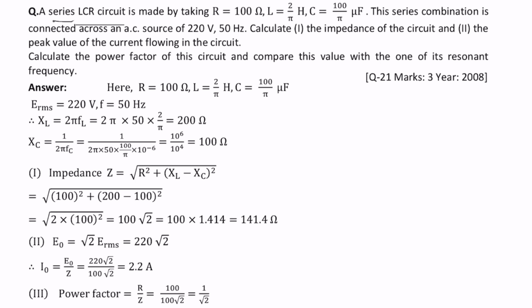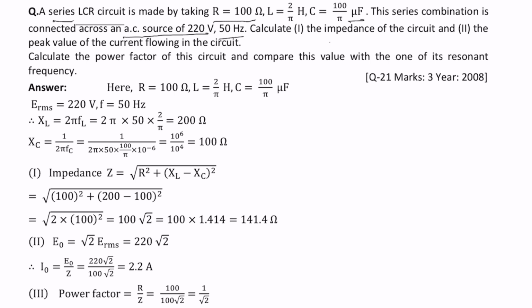In a series LCR circuit, the resistance is 100 ohm. L is given as 2 by pi Henry. Capacitance is given as 100 by pi microfarad. The series combination is connected across an AC source of 200 volt and 50 Hz frequency.